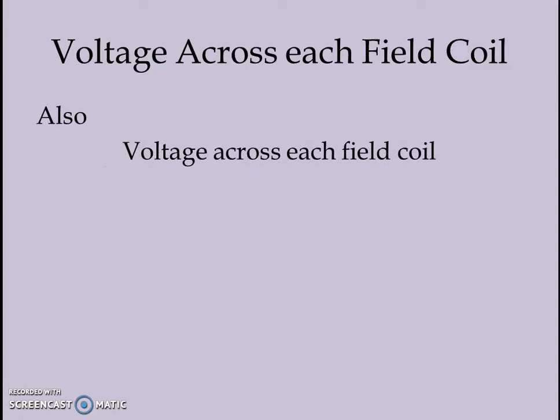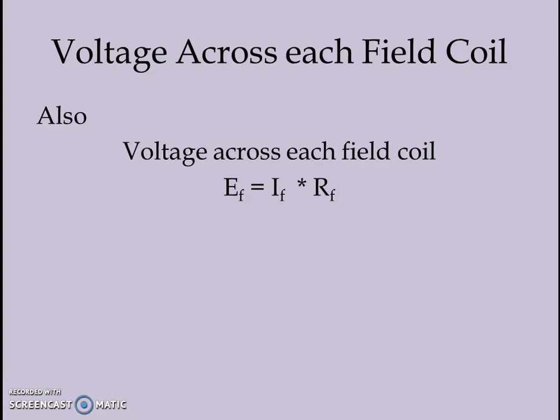Also, we have another equation to derive the voltage across each field coil, and it is very simple. Our normal equation: the current passing through the field winding and the resistance of the field coil. So IF multiplied by RF also gives the value of voltage across each field coil.